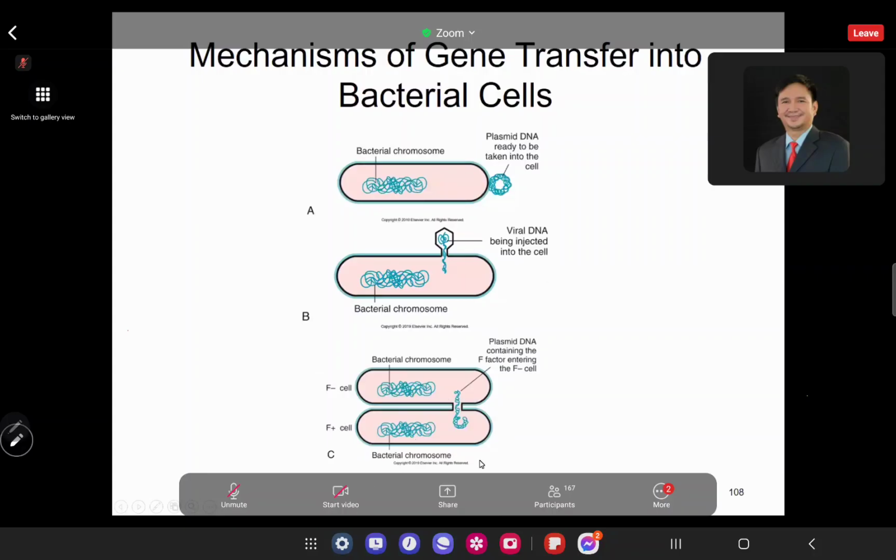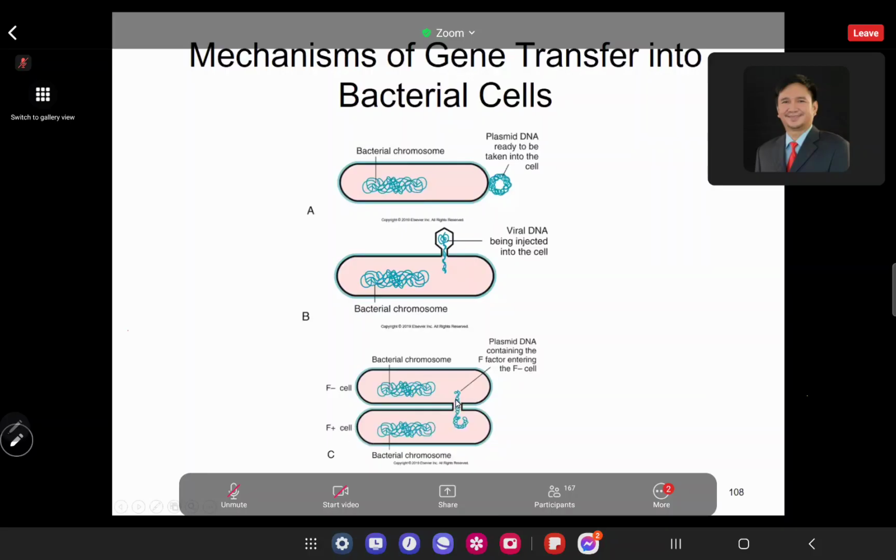How about C? So the first one is conjugation. Direct transfer of plasmid between bacteria using a sex pilus or a conjugative pilus. Now, look at this one. This is the donor, F positive cell.